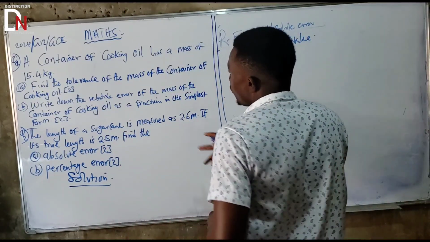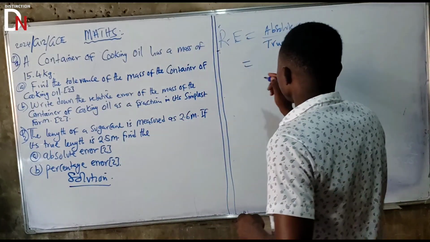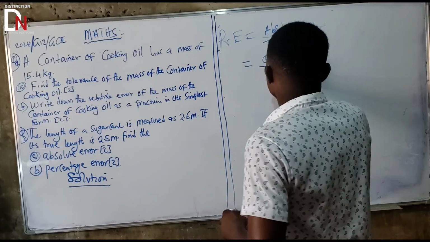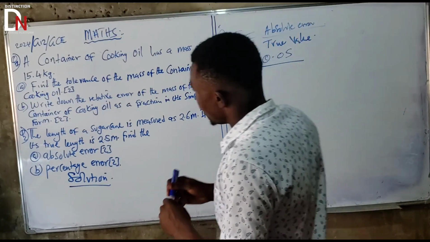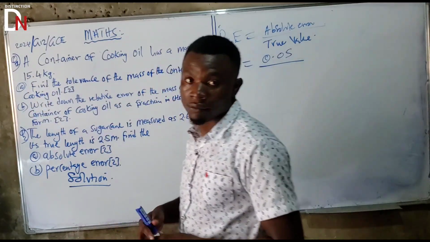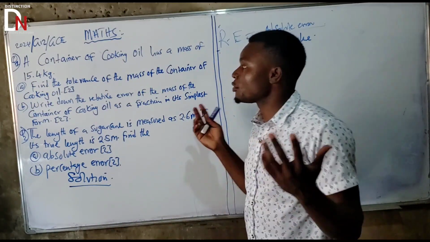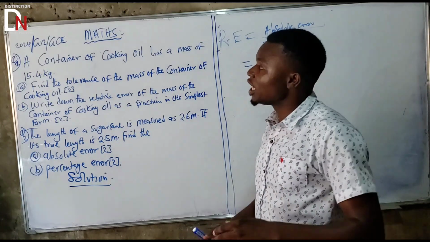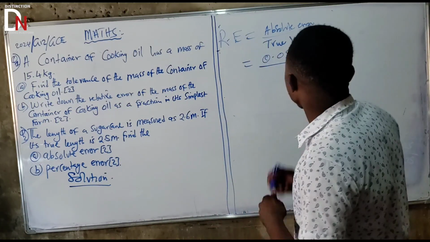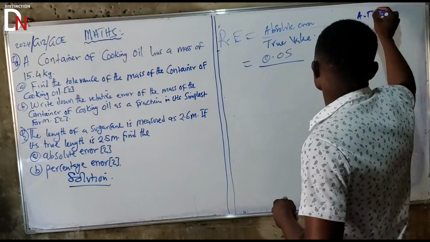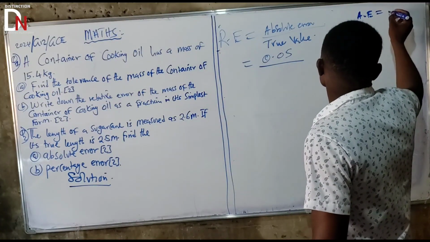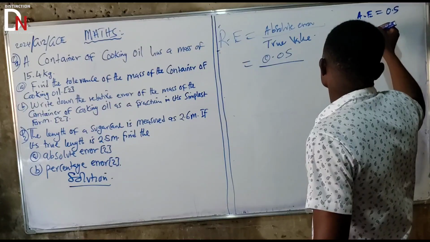The absolute error we had found is 0.05. Why 0.05? Because our number, 15.4 kg, has 1 decimal place. If it was a whole number, our absolute error would have been 0.5.